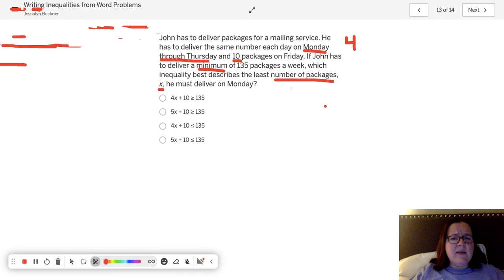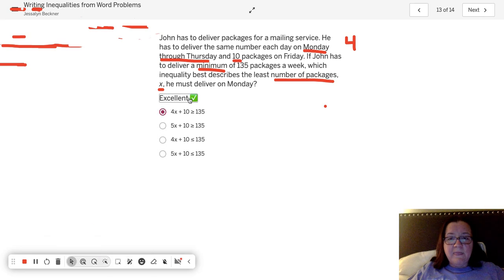John has to deliver a minimum of 135 packages a week. So that is the least he can deliver, but he could deliver more. Okay. So we're going to look over here. He could deliver more than 135. So we want to make sure our inequality shows greater than or equal to. Okay, so our answer is going to be A. 4x, 4 days a week, plus 10 packages is greater than or equal to 135 is your answer.